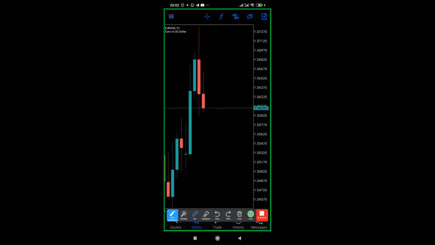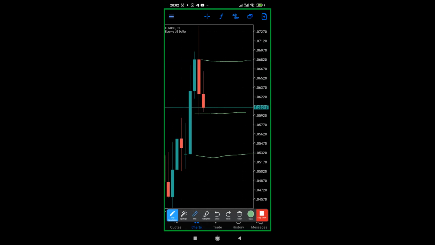So I'll just pick a random zone right now. Let's say this is my entry point, and for a sell, I want to use this zone as my take profit, that is 1.05320. And my stop loss, I want to use this zone right here, 1.06820.